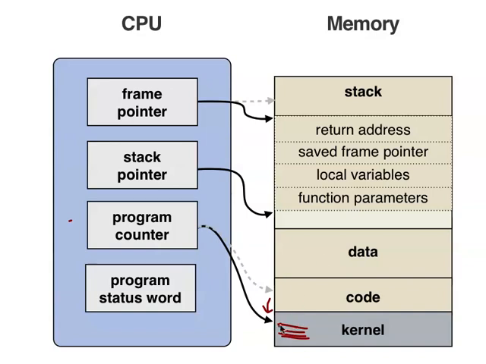I also said that there's a bit in the program status word that's switched to indicate that you are now in kernel mode. And remember, in kernel mode you have no restrictions, whereas in user mode there are certain restrictions on what you can run and what you cannot.